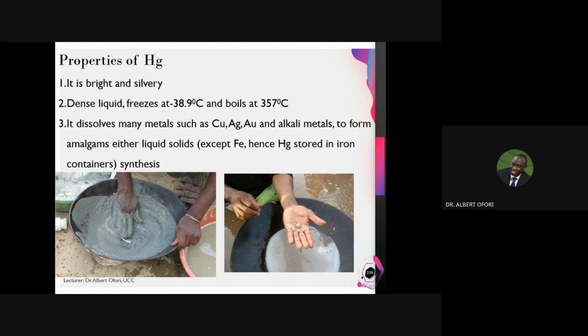It's a good binder, and it also releases other dissolved metals like gold, silver, and copper. Once these metals are bound to other kinds of metals, once you drop mercury there, mercury will break those bonds and form the bond instead, and then release the copper, the gold, and the silver. That's where we use mercury in this kind of mining.